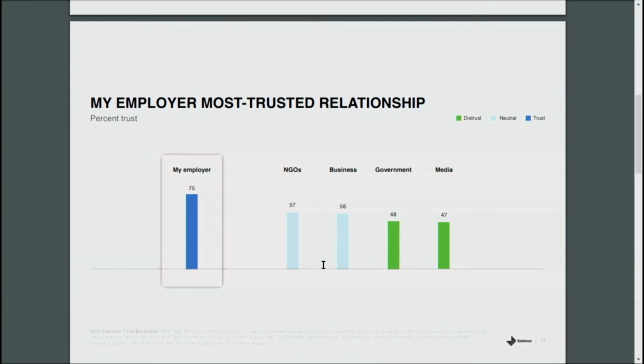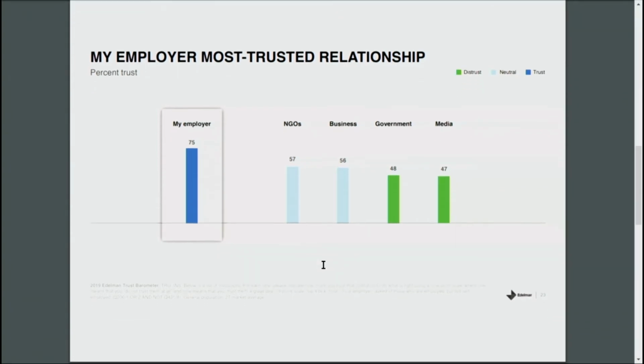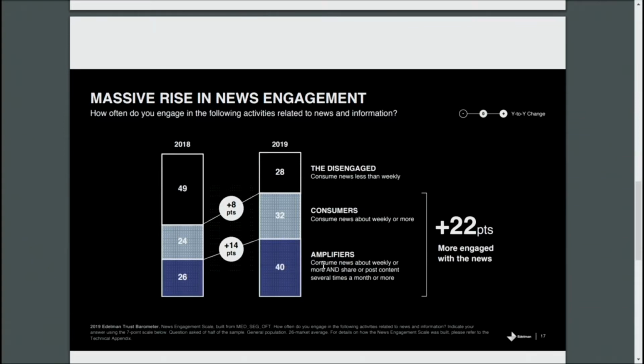I just picked a few slides that I thought were interesting. Another one that was interesting was they report in this past year a massive rise in engagement with the news and mainstream media. So what they concluded was that people actually want to be informed. What they saw was a 22% jump in engagement with mainstream media.